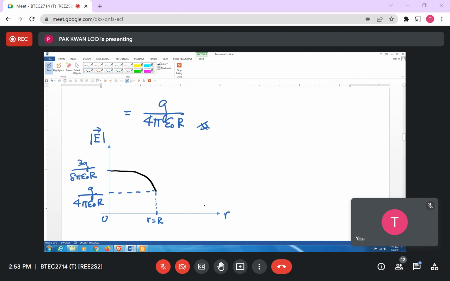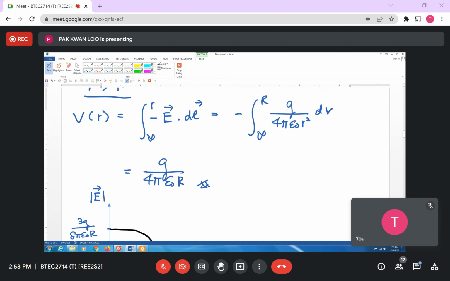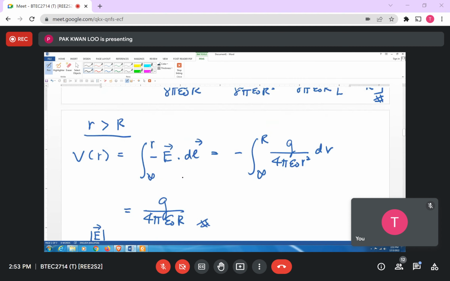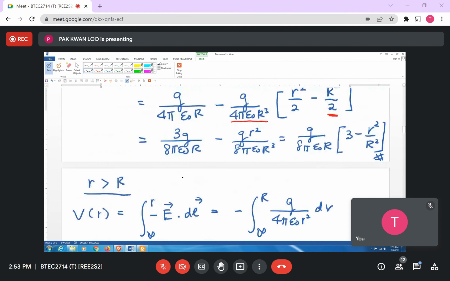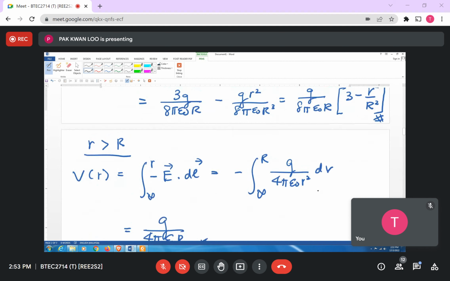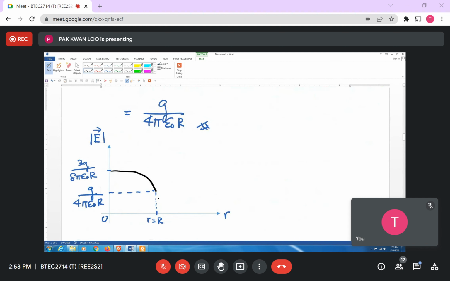Then starting at this point here, it goes further. Sorry, the variation is with 1 over r.